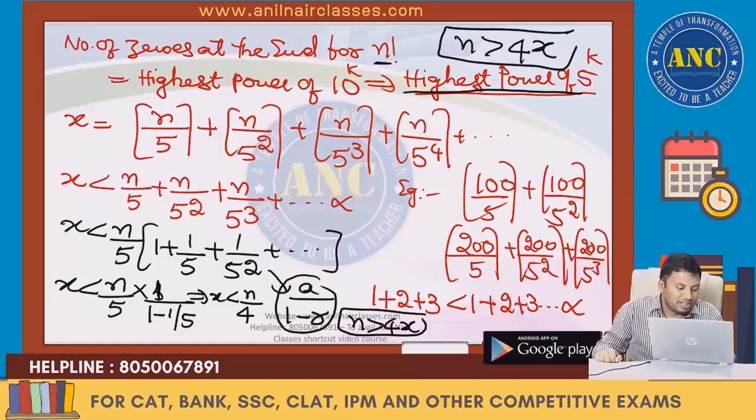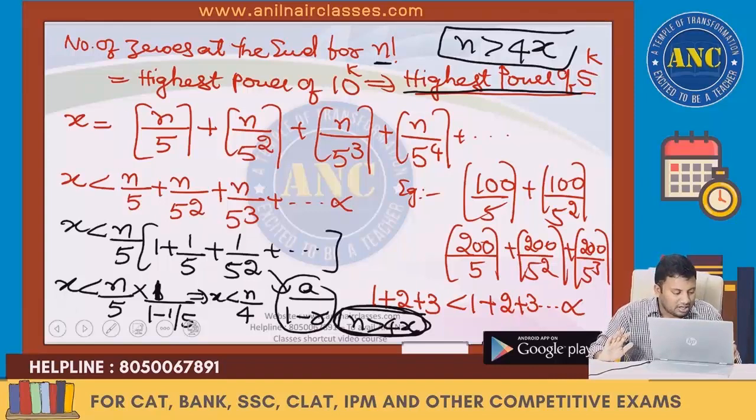This series is an infinite GP, so the answer is a by 1 minus r, that is 1 by 1 minus 1 by 5. If I solve it, I will get n is greater than 4x. Write down this beautiful conclusion. I will tell its application right now, then you will understand it clearly.